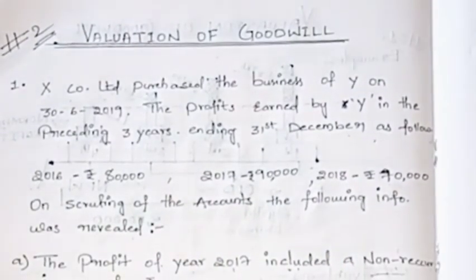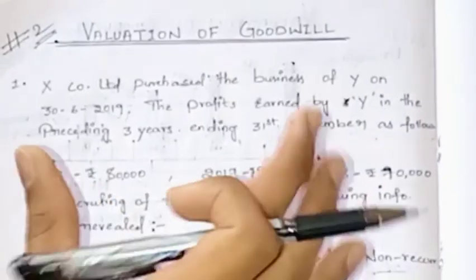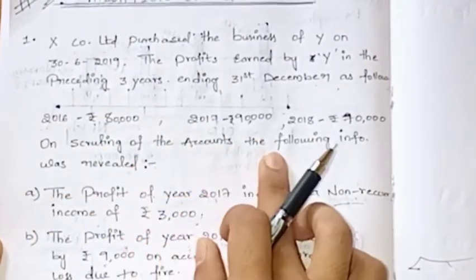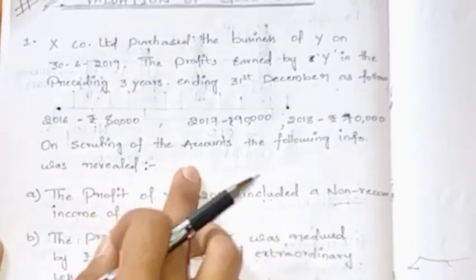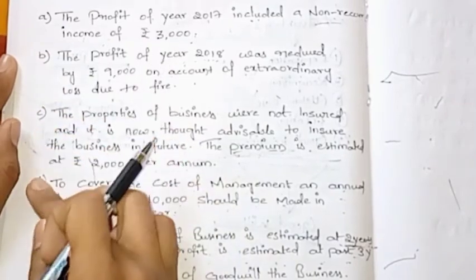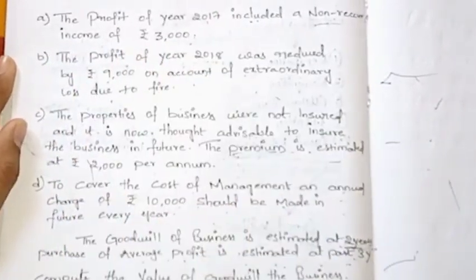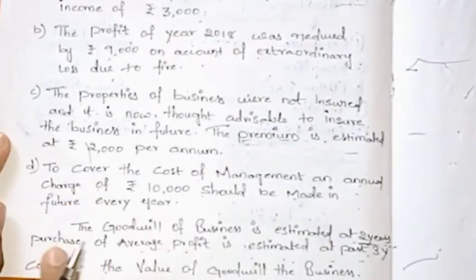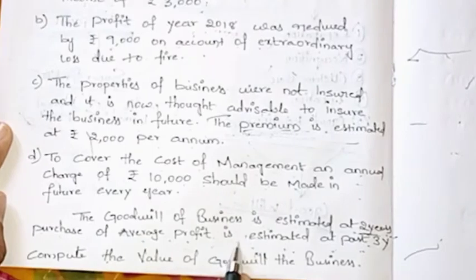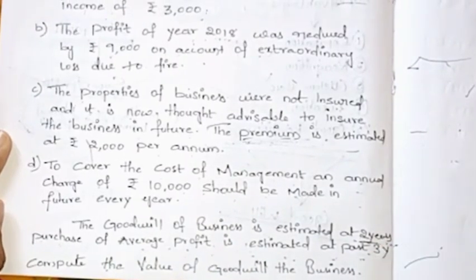These are the 3 years' past profit. Then they have said that on scrutiny of the accounts the following information was revealed, and they have given some adjustments, A, B, C and D. And then they have said the goodwill of the business is estimated at 2 years' purchase of average profit of the past 3 years.